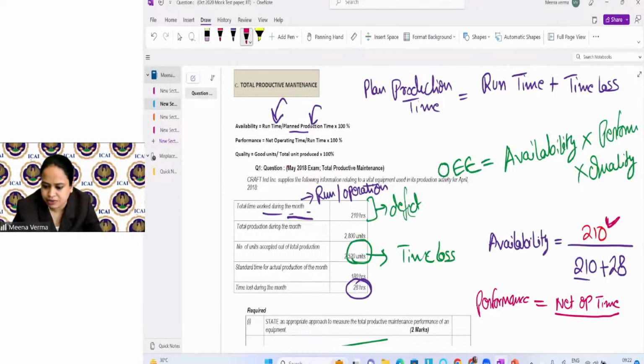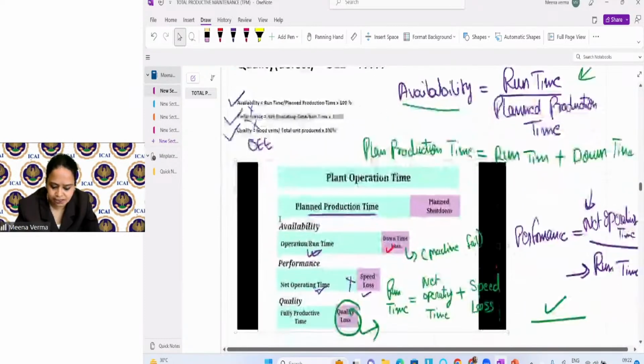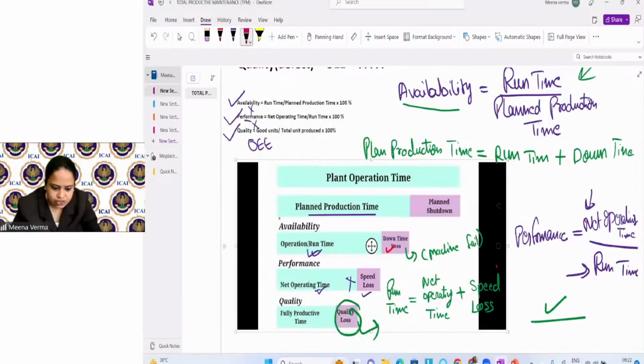Now see, runtime is this, right? So 210 is the runtime. Net operating time means what? See the picture again. In the case of net operating time, reduce the speed loss from the runtime. If you reduce the speed loss from the runtime, you will get the net operating time, or the actual time for which you have worked.